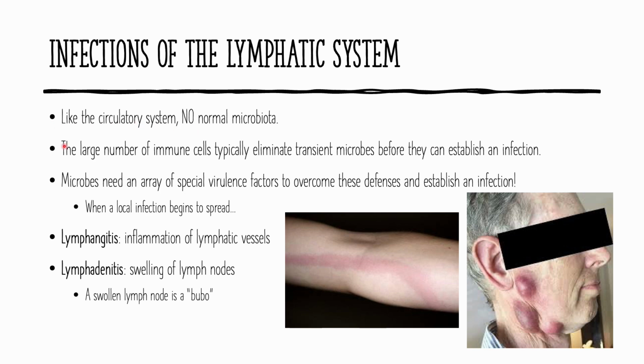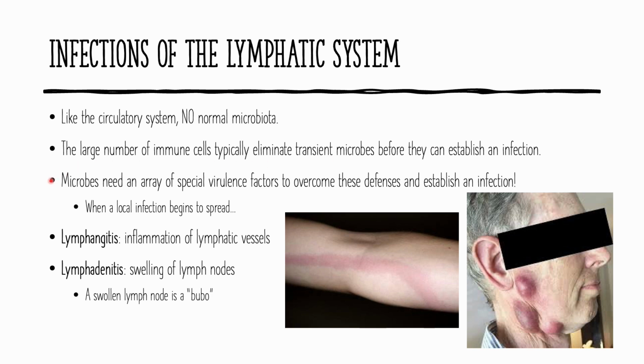There are a lot of immune cells typically present in your lymphatic system, hanging out throughout the lymphatic vessels or at lymph nodes, checking to see if there are pathogens present. Then they eliminate microbes before they establish an infection or move somewhere else in the body.